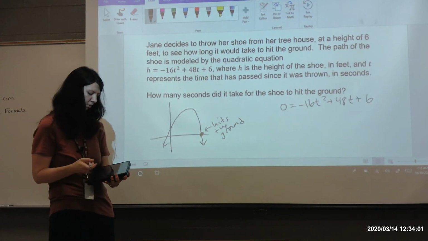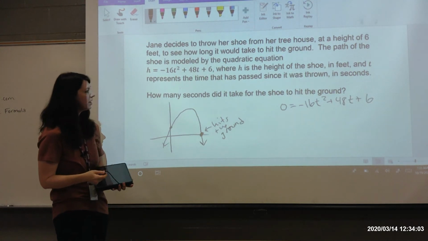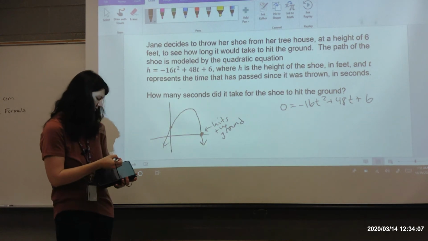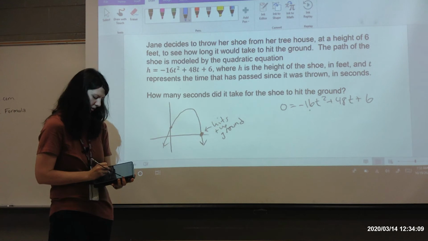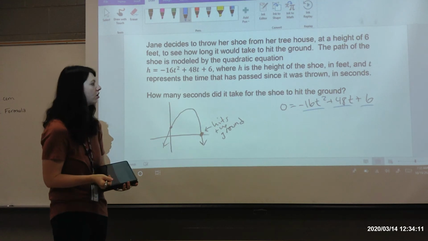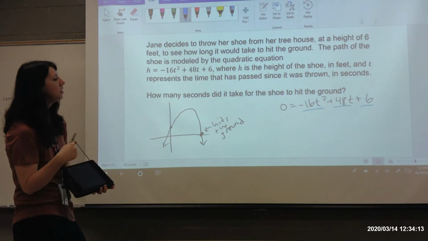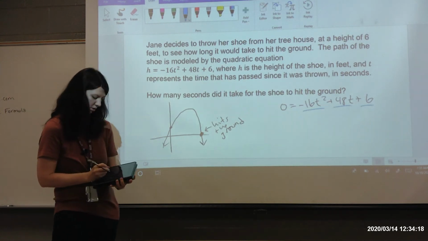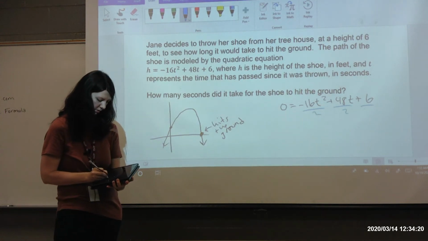And now we want to solve our quadratic. It looks like we have a GCF here, so let's pull that out and we'll see if we can factor. Let's see, I know they're all divisible by 2. Are they divisible by anything higher? I don't think so. Let's check.